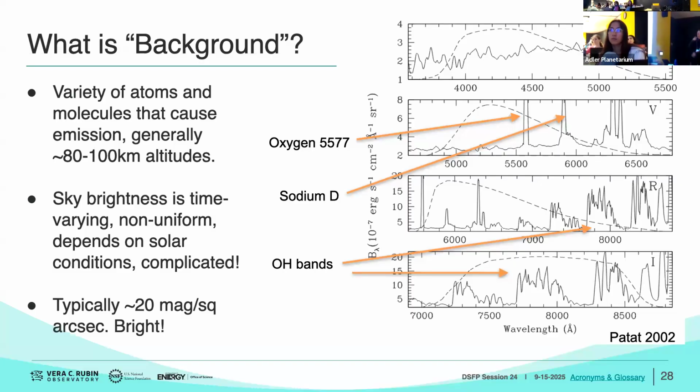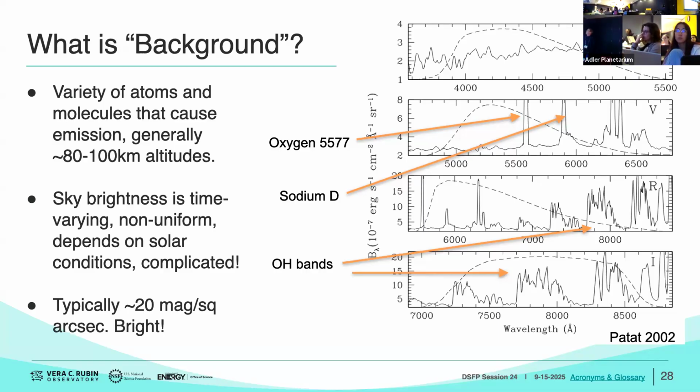It's always fun to think a little more about what this even is. It turns out that in the very upper atmosphere, at 100-kilometer altitudes, all of these atoms that we think about when we're talking about spectroscopy of stars and nebulae actually emit light in the atmosphere. The sodium D line is one of the brightest sources. This is an old paper, so these are Johnson bands, not Hughes bands.